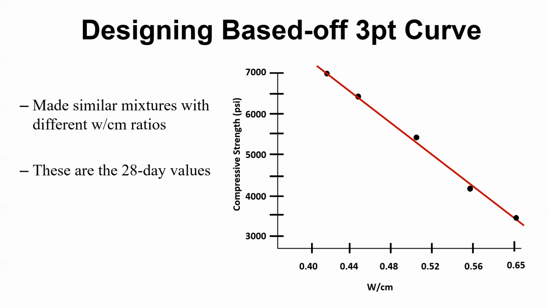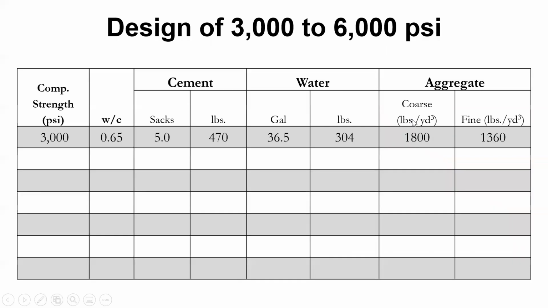Let's do my next one. So I need to be at 3500, safety factor, come over, do the same thing, keep going up. So 5000, safety factor, come over. And you can go through and actually design your mixes.